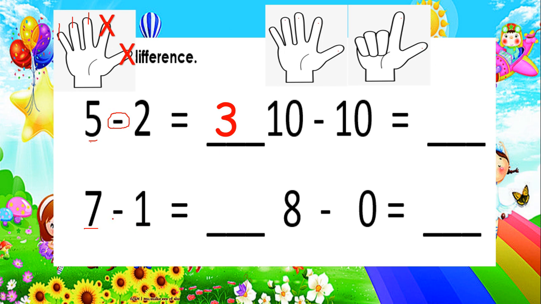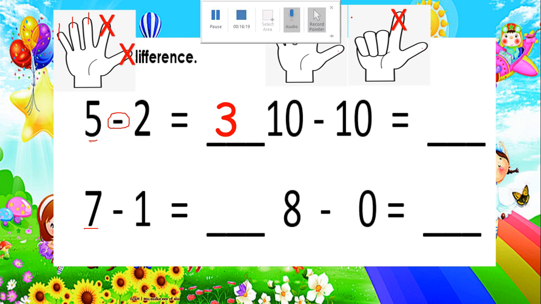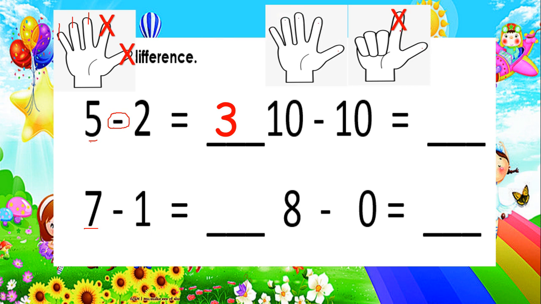Minus 1, or you take away 1. All right. So this finger, you need to take away this one. Okay. So how many fingers are left? 1, 2, 3, 4, 5, 6. So 7 minus 1 equals 6.